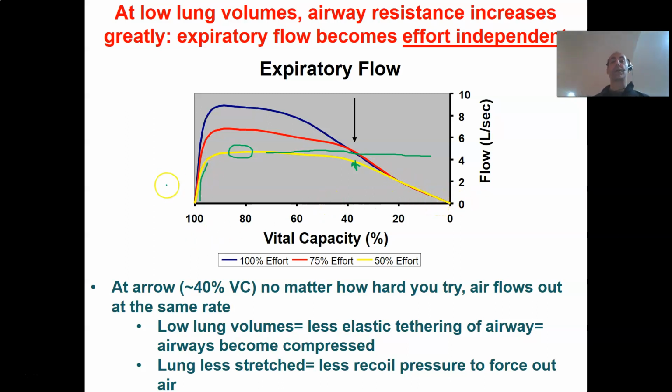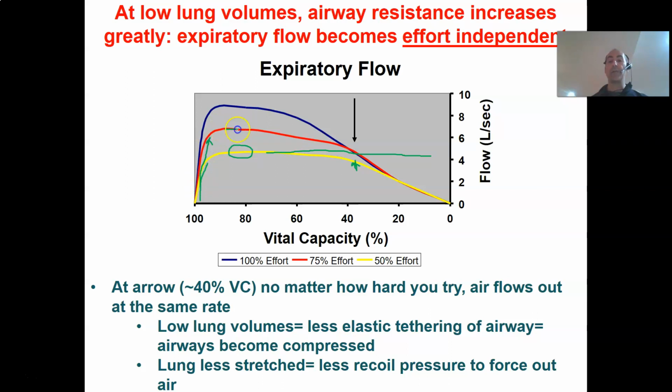So then you do the same experiment where you take the biggest inspiration you can take, and now you use about 75% of the amount of force that you can use to expire air. Again, you get an increase in flow.